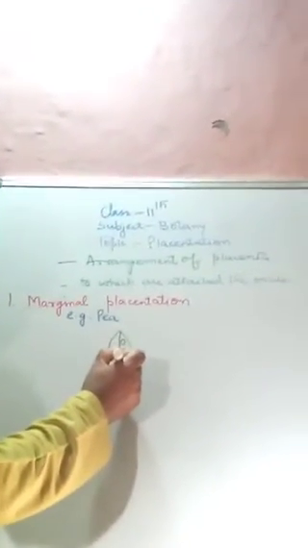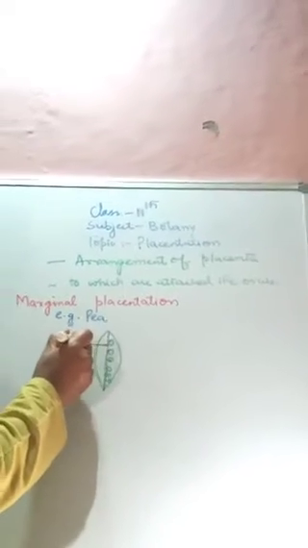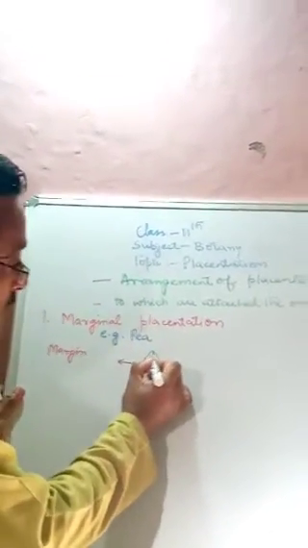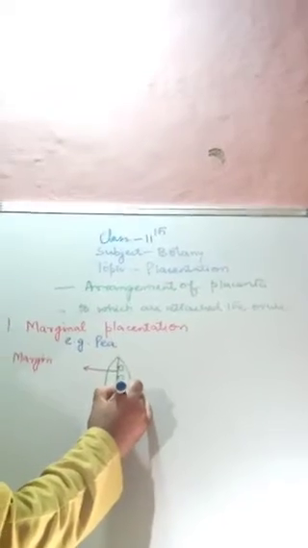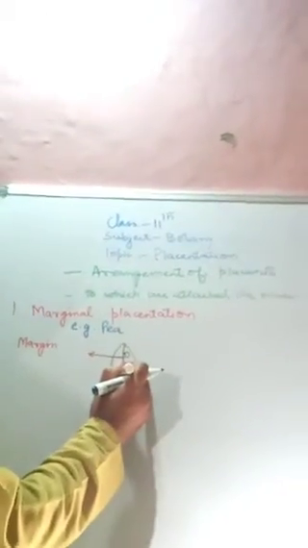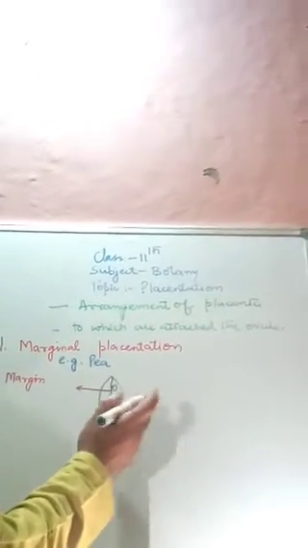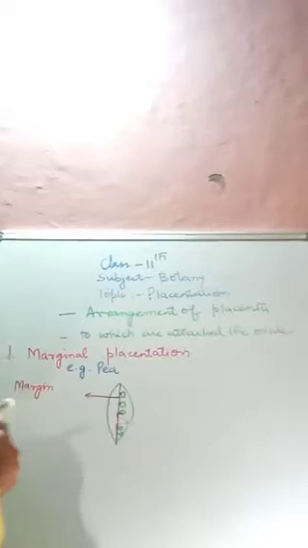Now this part is called the margin. And here we will see a vent-like structure, a seam-like structure to which these seeds are attached like this.